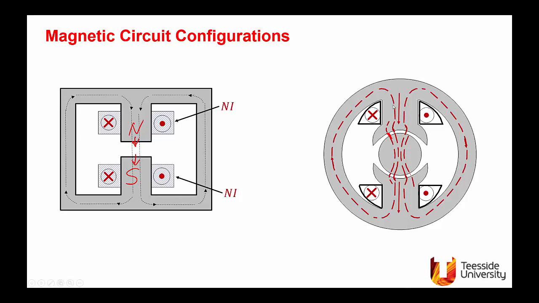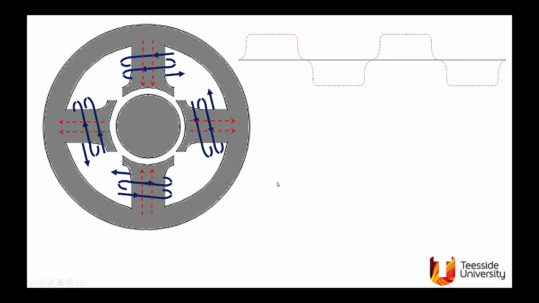So in this configuration, we can see how the flux is behaving, and we can say the flux is going out of here, so that's north, and it's going into this surface, so this is south. So we call this a two-pole arrangement. The previous configuration was a two-pole machine.